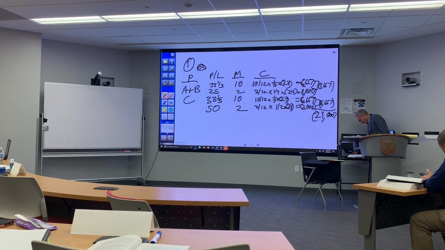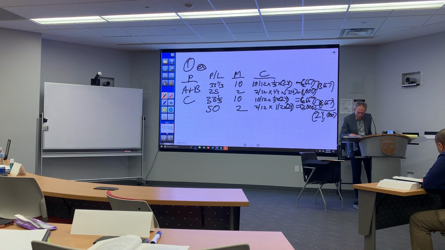Certain items, including, even if you're on the cash method, and remember, this is rent for the entire year. That rent payment has to be treated as if it accrued ratably. Okay, guys?